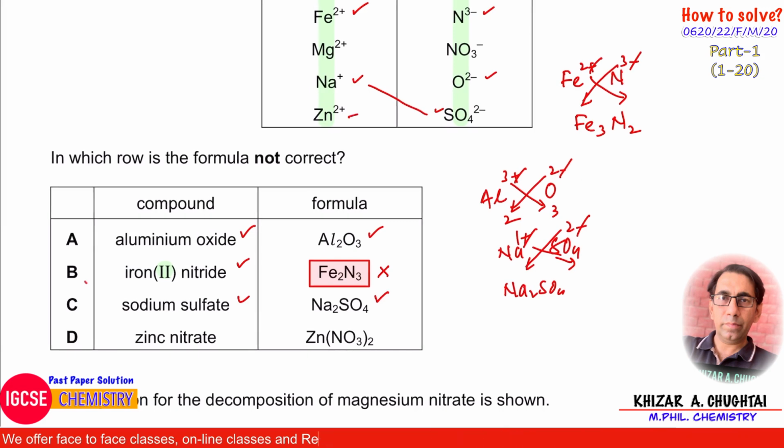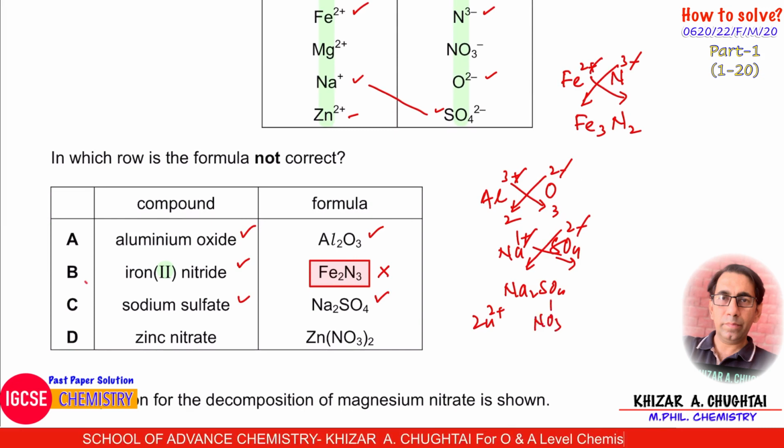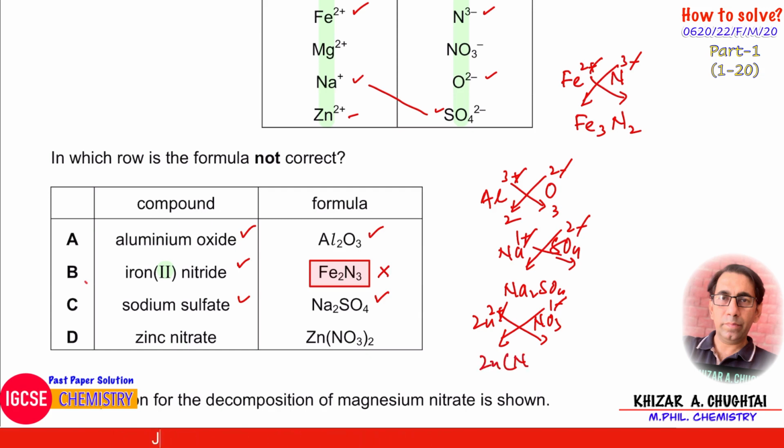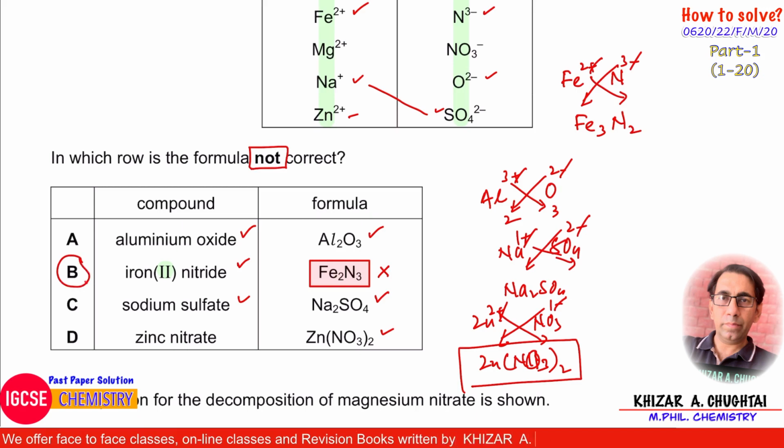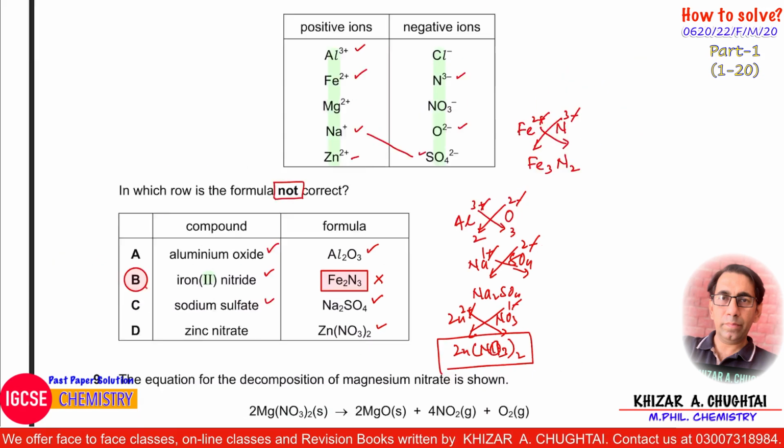Zinc is having 2 positive charge and nitrate ion is NO3, 1 negative. Charges cancel out, 1 over here, 2 over here, and it will be Zn(NO3)2. So it's also correct. B is incorrect and he was asking about not correct, so B is the correct option.